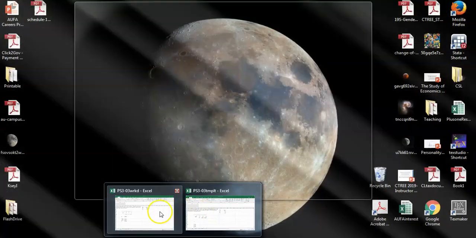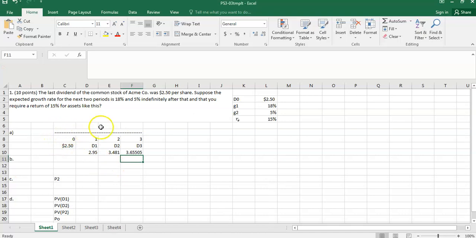If you look at our timeline, you can see that we get to time period 2, and it's there that this new growth rate kicks in, a growth rate of 5%. All right, and so I can find P2 because it is a function of all of the future dividends that come after period 2, where I know they're going to grow by 5% every single period thereafter.